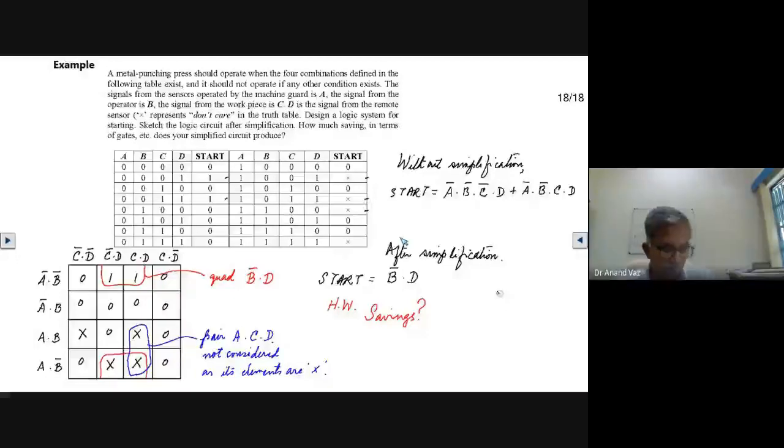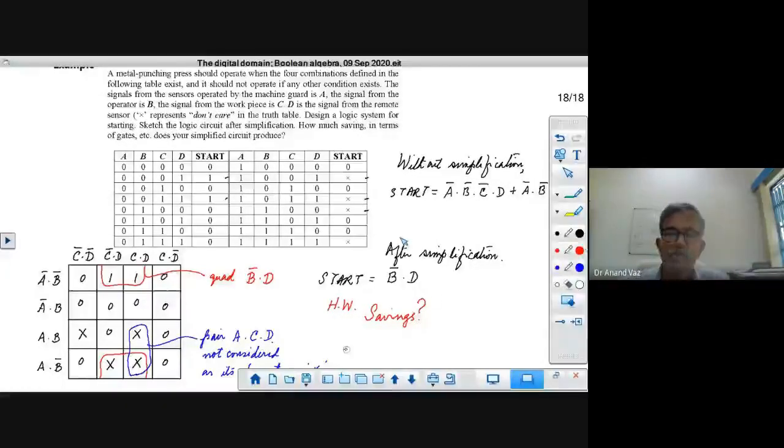So in another 5 minutes, your quiz is going to start. It will get automatically posted to your Google accounts. So you may contact me if there is some problem, but otherwise I request you, it's only for 5 minutes. So be very conscious of time. There are only 5 questions, but you have only 5 minutes.